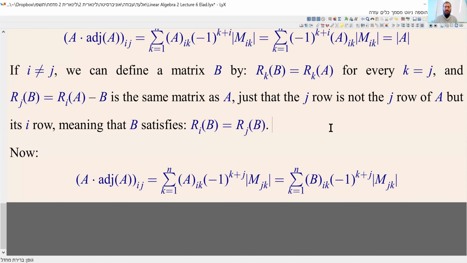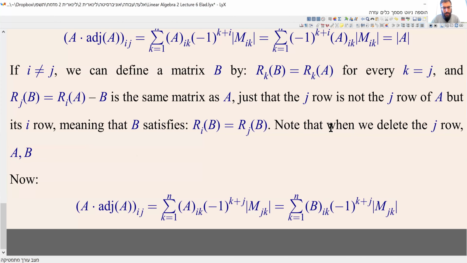Let's write it down explicitly. Note that when we delete the j row, A and B are the same.